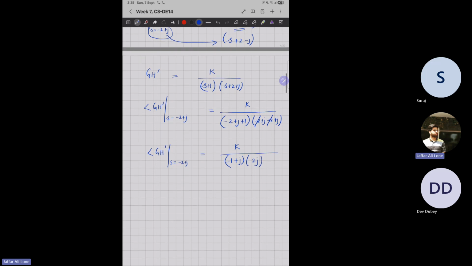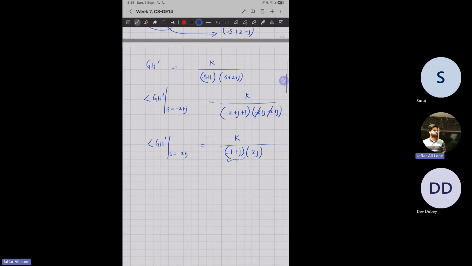How do we find the angle? I told you in the last lecture, we directly see from the coordinates. So -1 plus j is in the second quadrant, and 2j is on the positive imaginary axis. So the angle of GH dash at s equal to -2 plus j will be 0 for the numerator, minus for the denominator: 180 minus tan inverse of 1 over 1, plus 90 degrees.